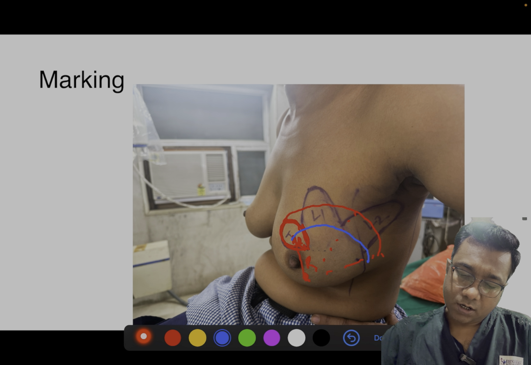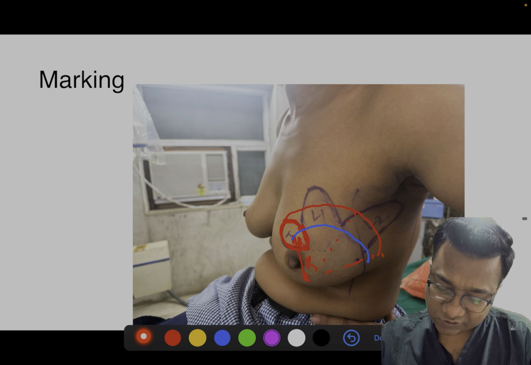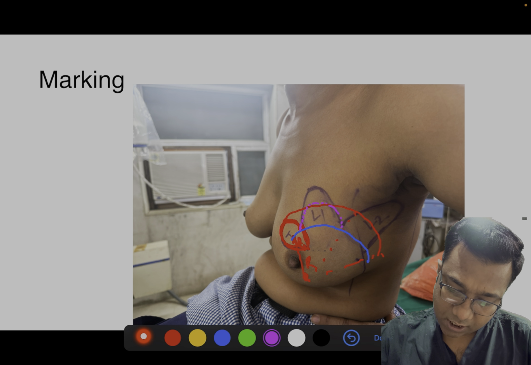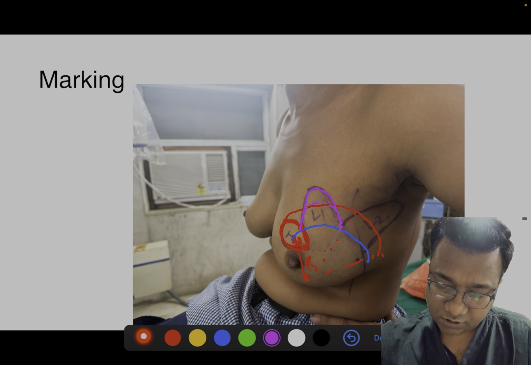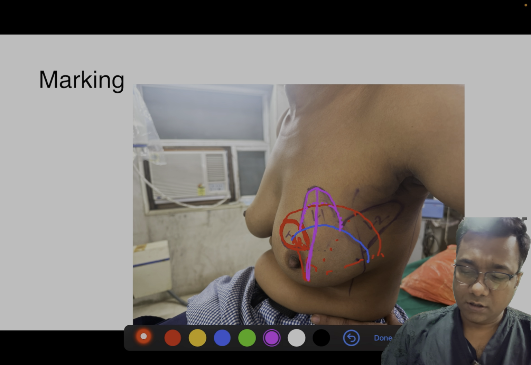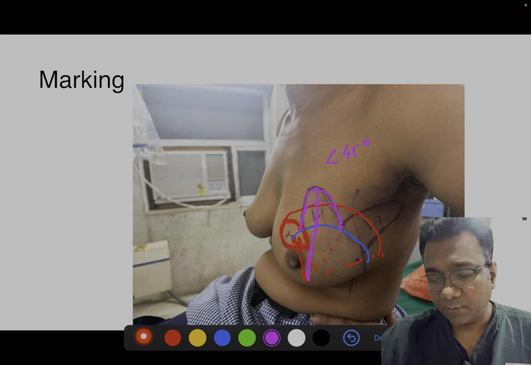Now as per the original recommendation, you take it like this. The modification we have done here is that we have increased this by 10 to 20%. Now see the angulation between these two. This is even less than 45 degrees, so that serves the purpose.